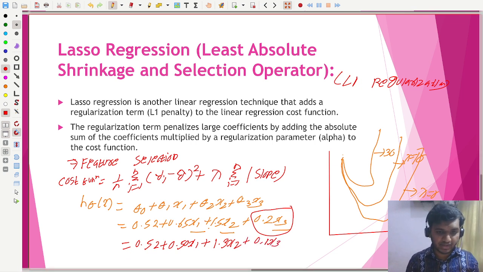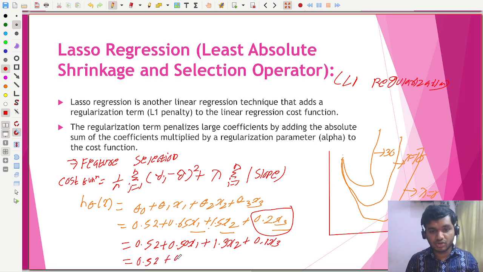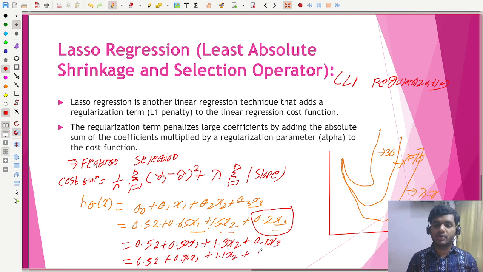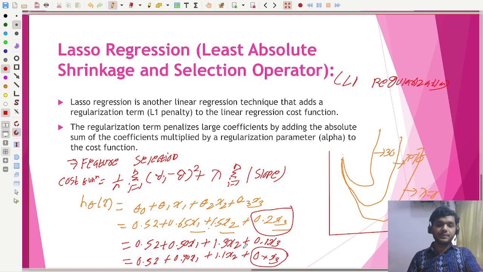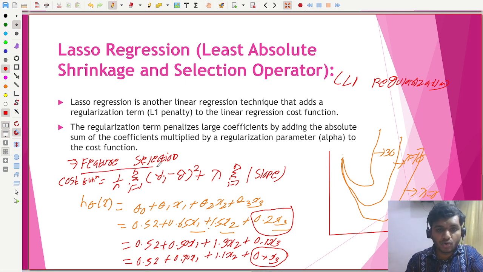After some time, it will be 0.52 plus 0.40 x1 plus 1.1 x2 plus 0 into x3. And the third feature is removed from the cost function. Okay, so the accuracy will increase. So for feature selection, we'll use lasso regression.